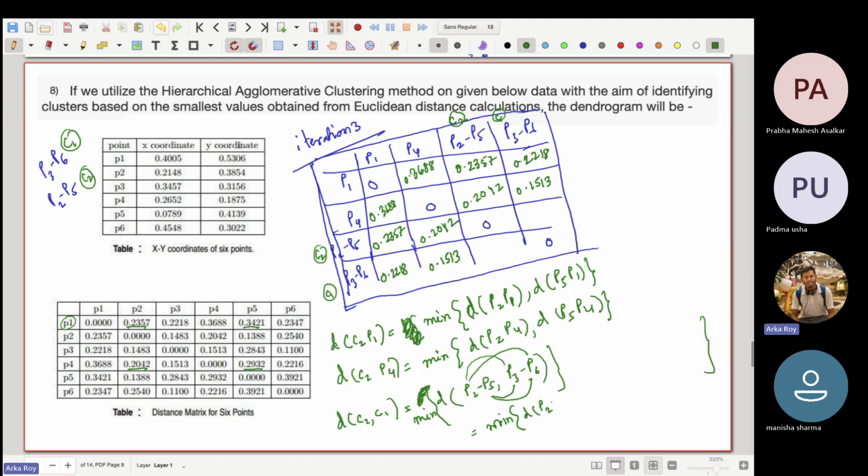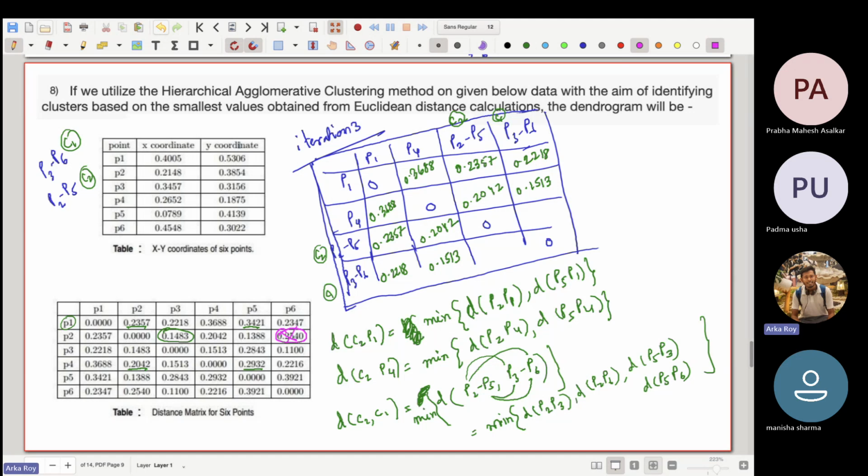So if I just write it P2 P3, then P2 P6, then P5 P3, and P5 P6. Now out of all these, whichever is the lowest one. P2 से P3 is 0.1483, right? Then we have P2 से लेके P6, that is 0.2540.